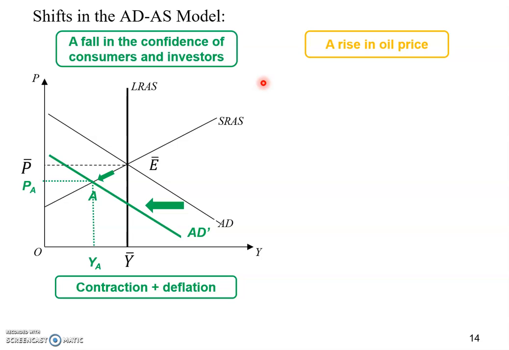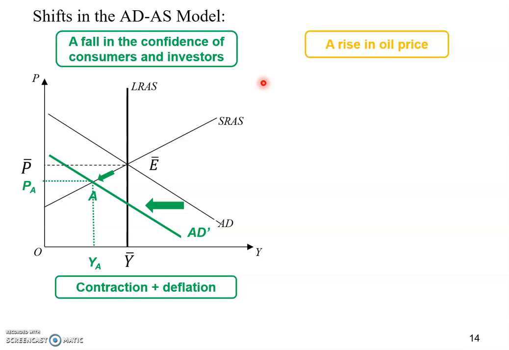As we mentioned in the previous video, crude oil is super important for an industrialized economy. So when the oil price goes up, it's more expensive to produce many goods and services. The production cost would be higher, and producers would have less incentive to produce. They're going to cut back their production.